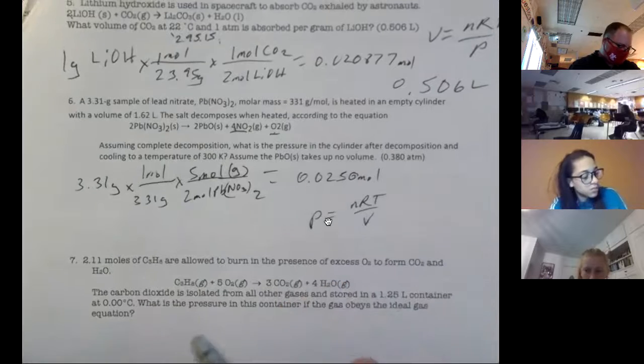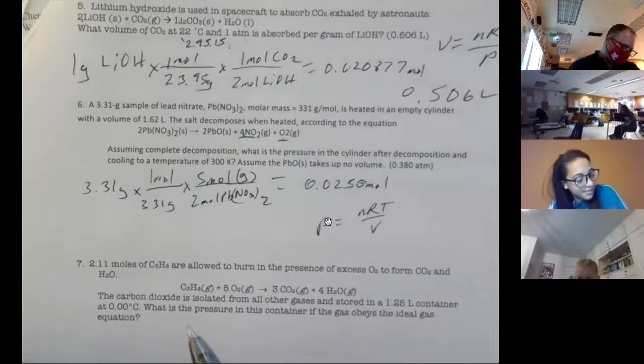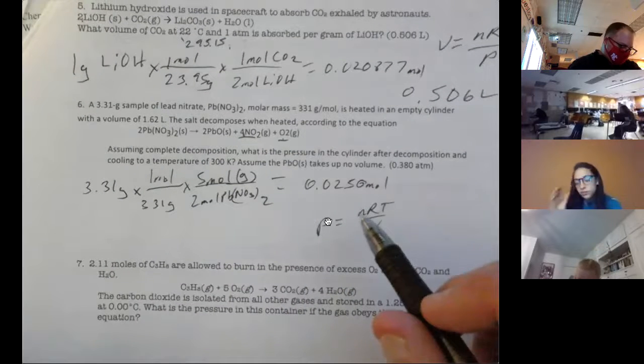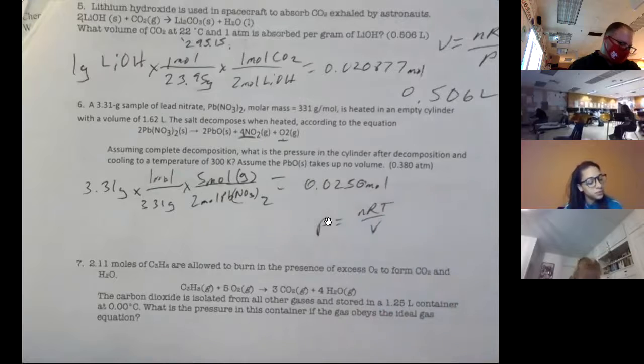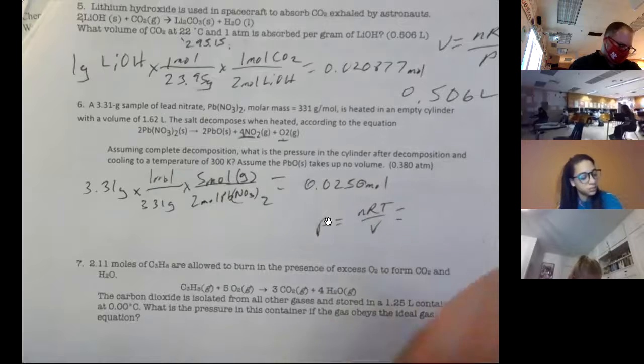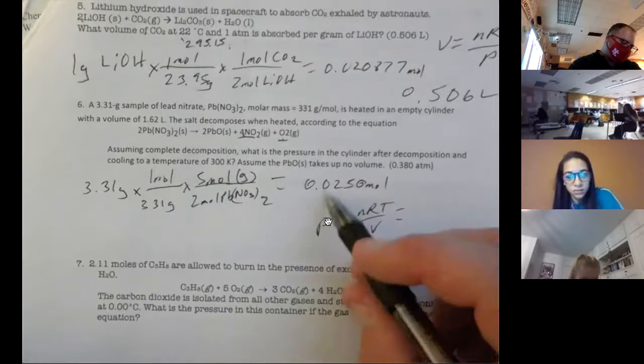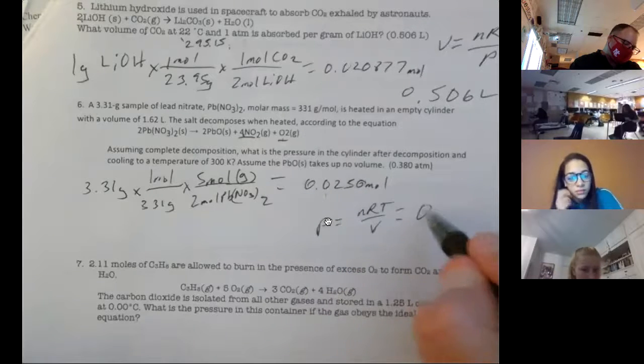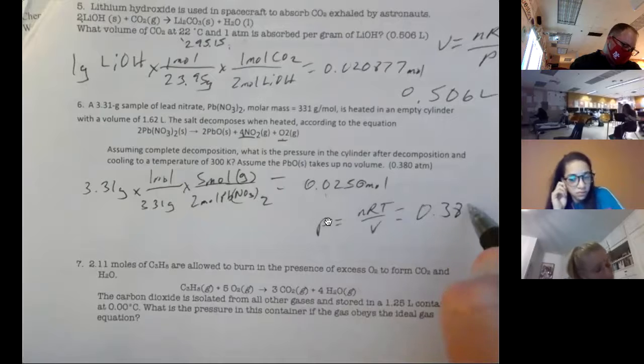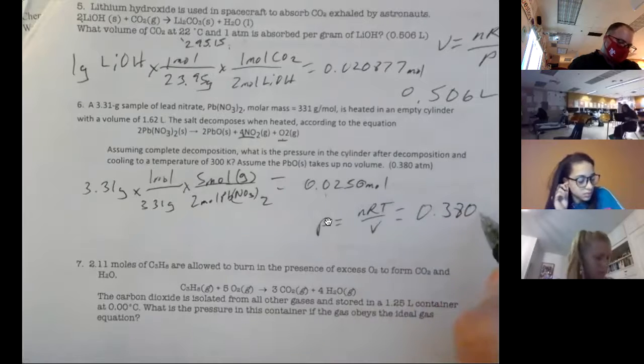I said 300 K. 0.250 times 0.0821 times 300 divided by 1.62. It's about 3.8009. She didn't hear me say 0.025, so it is 0.3809, which is atmospheres.